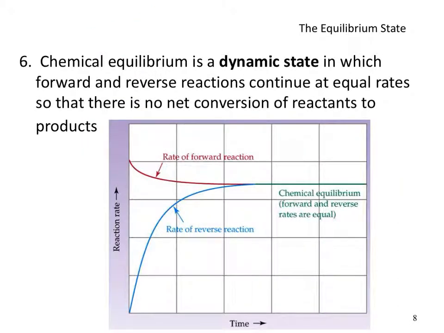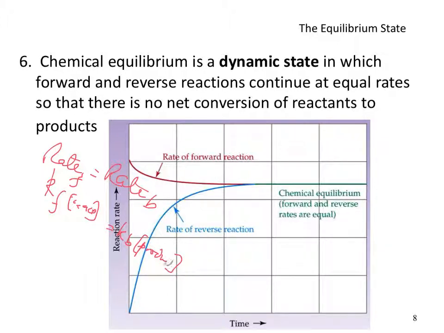As I was telling you, the chemical equilibrium is a dynamic state. It is the state at which the forward reaction and the backward reaction rates become equal. So Kf times the concentration of the reactants will be equal to Kb times the products, right?